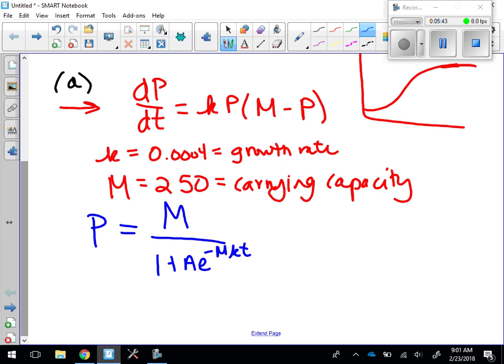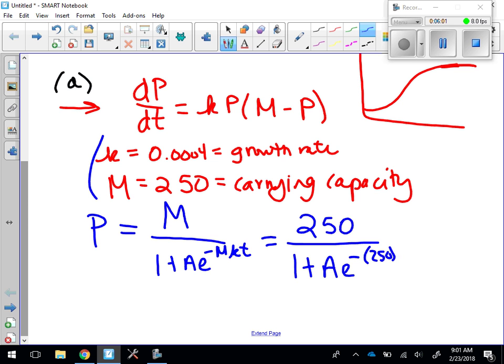Okay. So we've got some of our values here, K and M, so we can rewrite this again. Our carrying capacity is 250. We've got 250 over 1 plus A e to the negative, where M is 250 and K is 0.0004, t.